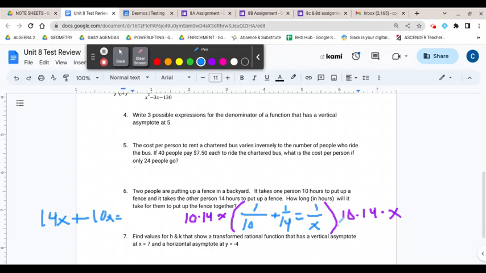So 14x plus 10x is going to equal 10 times 14 times x over x, which is 140. So we're going to have 24x equals 140. So we'll divide 140 by 24 to find out how much time it'll take.